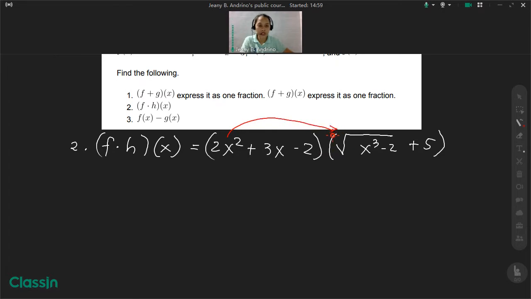Distribute that one to square root of x cubed minus 2. So that means this is equal to 2x squared times the square root of x cubed minus 2. That's the first one. Okay, now, next, you may write the parentheses in there or you may not.